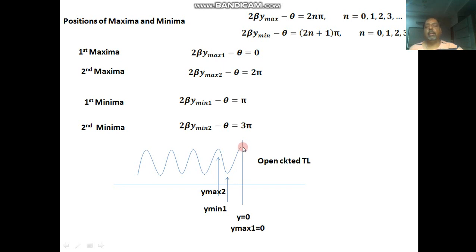So the first maximum voltage you will get here, y max 1. Similarly, the first minima you will get here, then the second maximum voltage you will get here. This is from the load end. All maxima and minima will have equal amplitude if alpha is 0. Otherwise it will be a diminishing value, remember that.